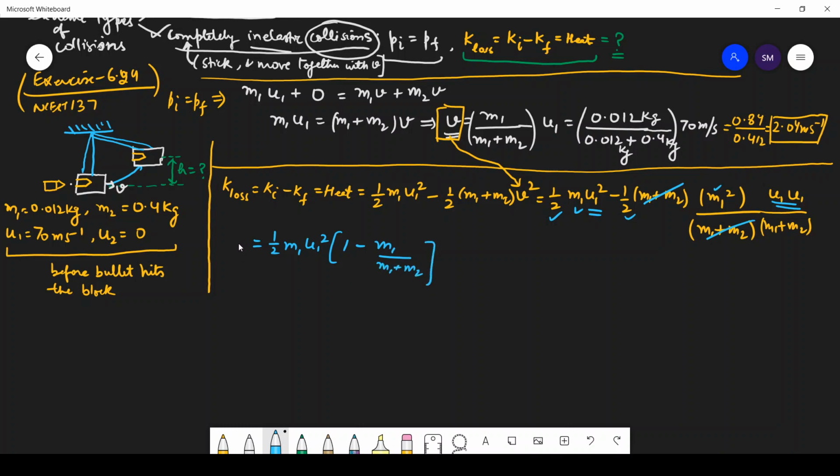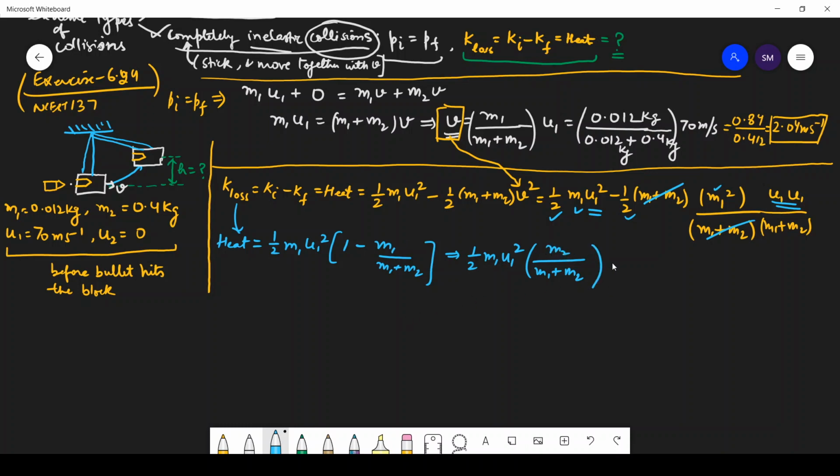So this is what you are calculating, the heat produced or the loss in kinetic energy. That's the same thing. So what have you got? You have got half m1 u1 square. Now this LCM will be m1 plus m2, and m1 plus m2 will come here, so m1 cancels and you get only m2.